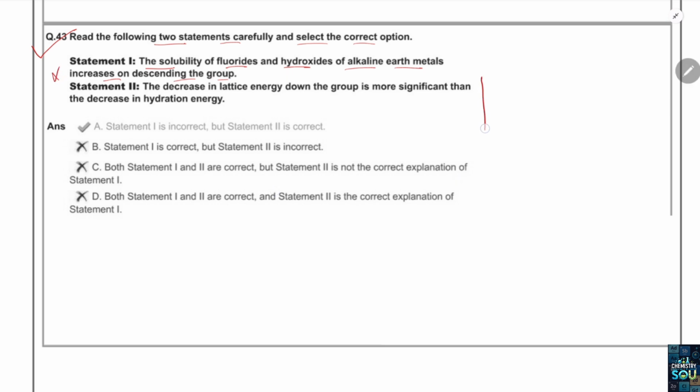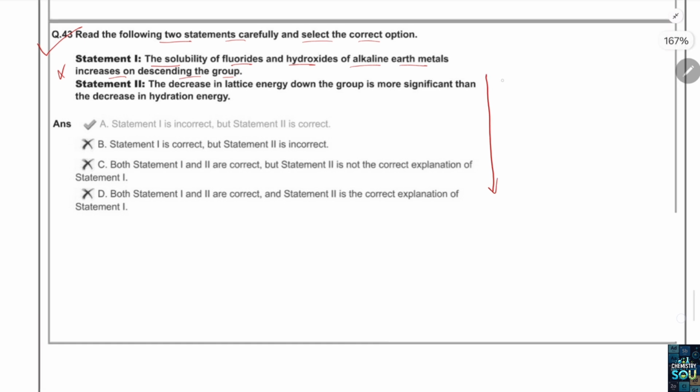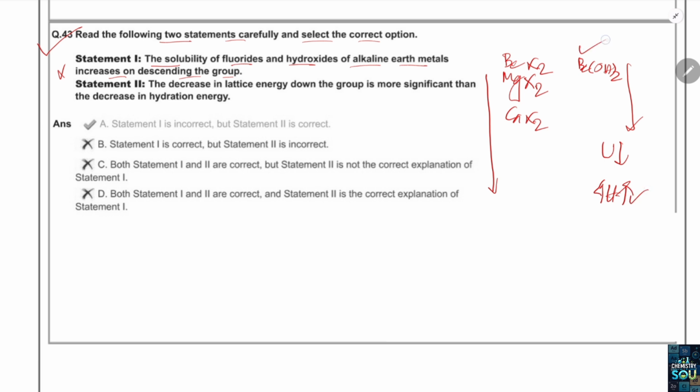Because when we go down the group for the alkaline earth metals, Mg and so on, the hydroxides are M(OH)2 and the halides are MX2. In the case of hydroxide, as we go down the group, the lattice energy decreases and hydration energy increases. So that's why the solubility is very high down the group for the hydroxides.